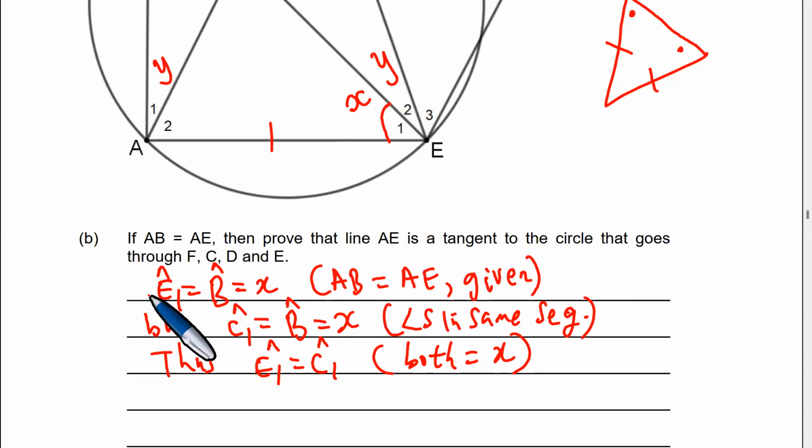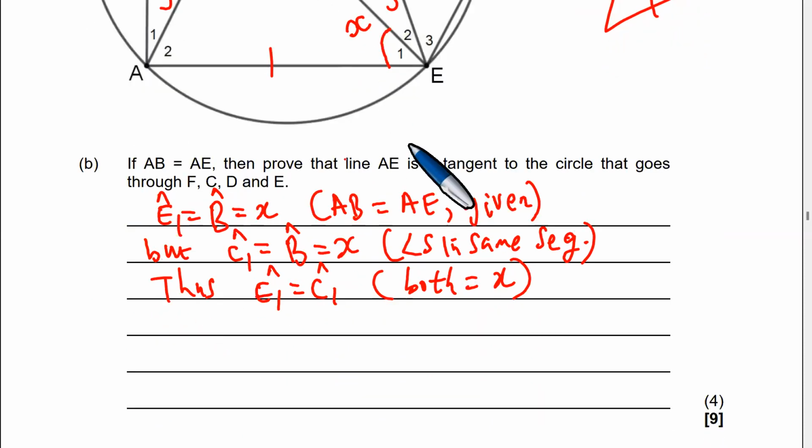And then now, prove that AE is a tangent to the circle that goes through that. Hence, we write this conclusion as the examiner said. Hence AE, just copy this exactly.